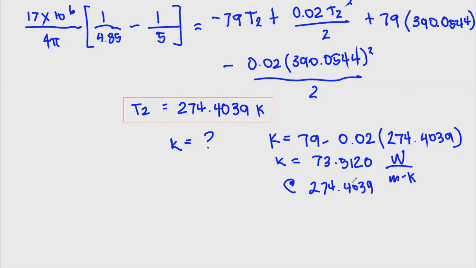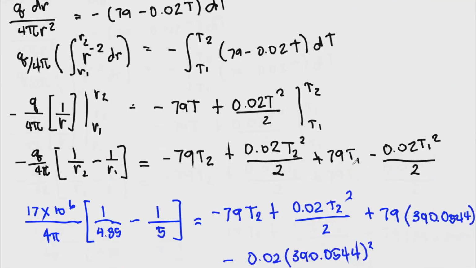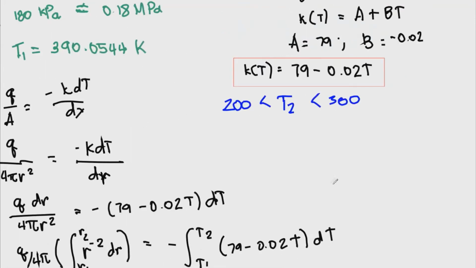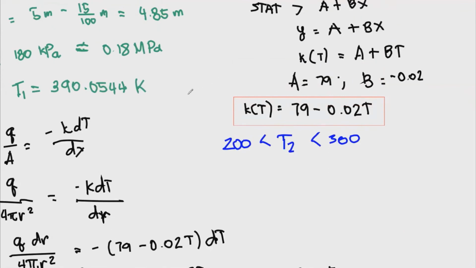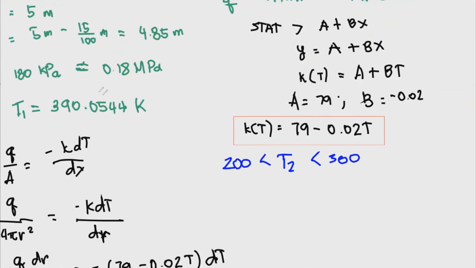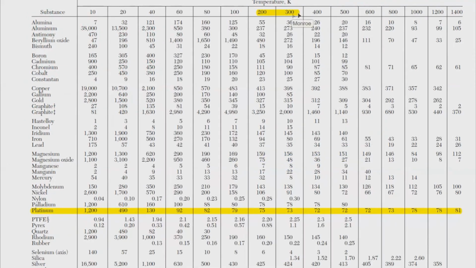274.4039. Pero since we need this thermal conductivity na average, so we get our K is equal to the average nito, and then yung isa pa nating thermal conductivity, which is dun sa temperature na 390. And remember, 390 here, kung matatandaan nyo, is not actually, hindi siya pasok dito sa ating temperature gradient na 200 to 300.